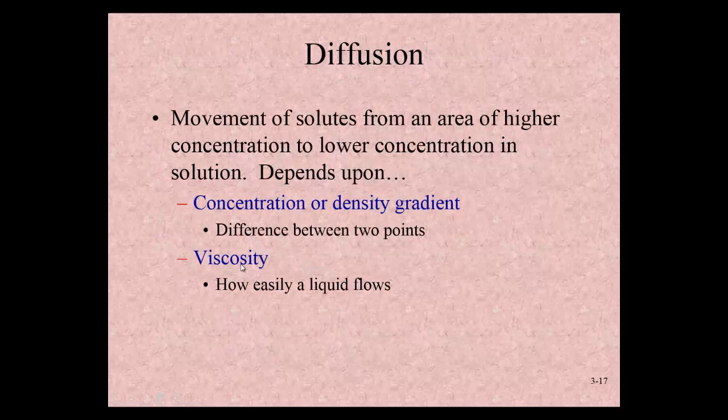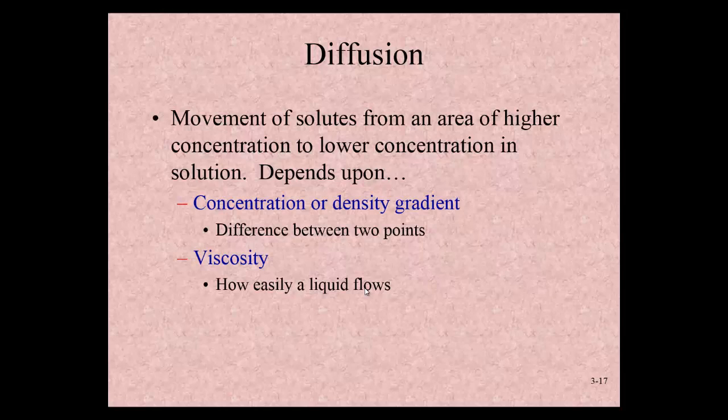Another thing that determines how easily a liquid flows is viscosity. The more watery the substance is, the more easily it will flow. High viscosity is a thicker fluid and low viscosity is a thinner fluid. For example, molasses would be a high viscosity substance, versus a cheap pancake syrup that is a little watery, which would be a low viscosity substance.